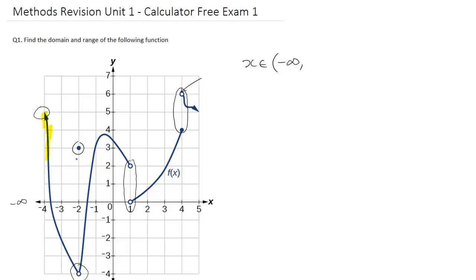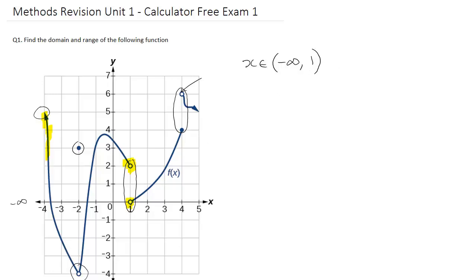We can just contain negative 2, but we can see that there is a problem around here. There is a gap. You're not allowed to have the value of 1. So at 1, we're going to have this type of bracket, which means excluding 1.